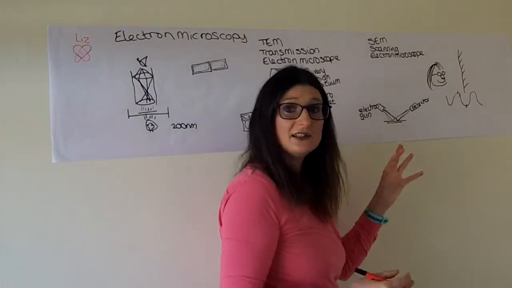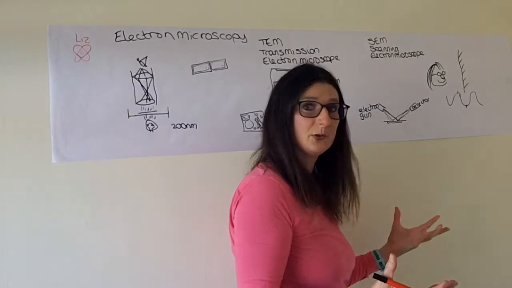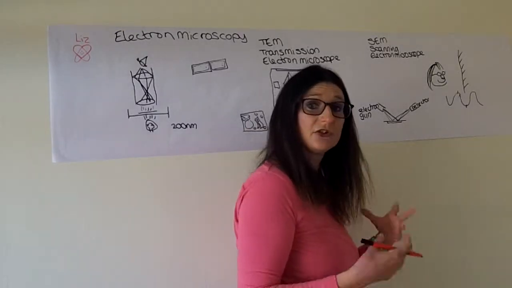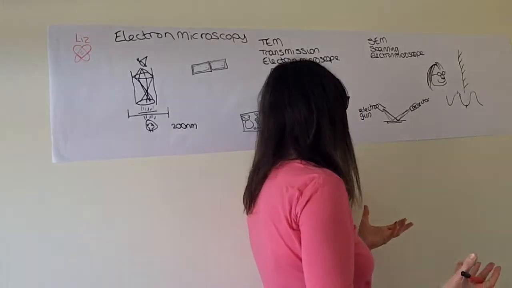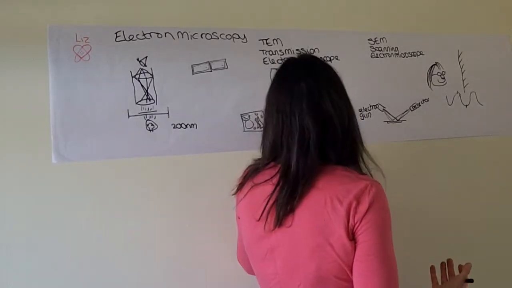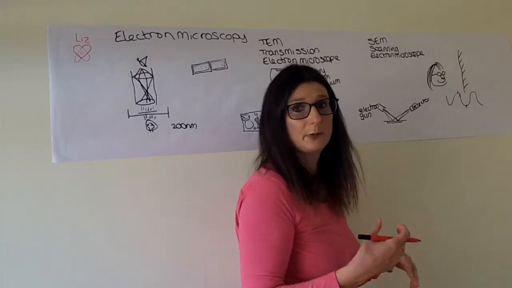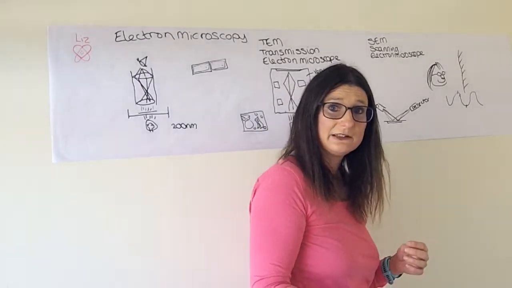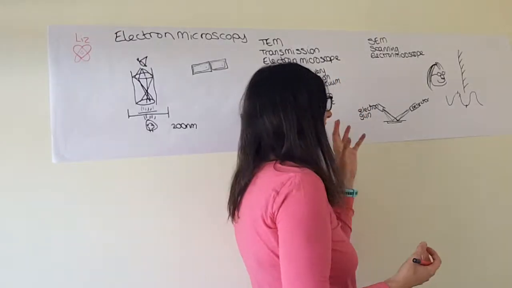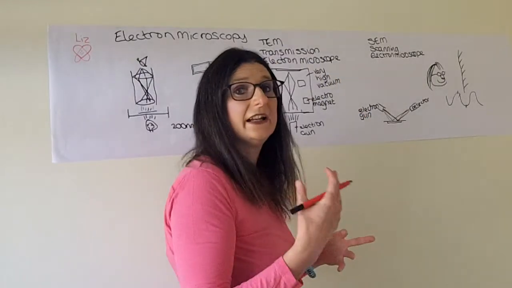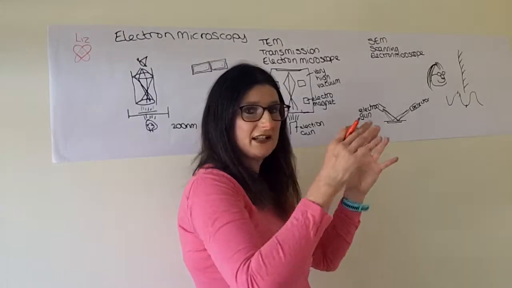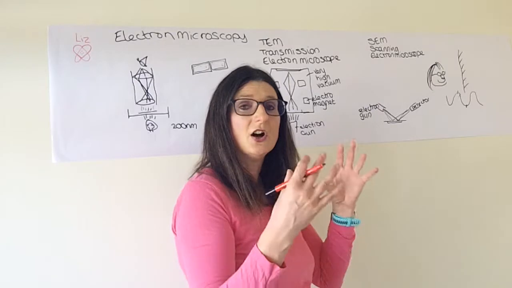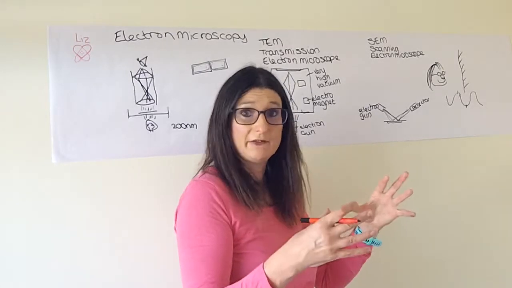again, needs to all be done in a vacuum to avoid the problem with the electrons in the atoms of the atmosphere that you get with the transmission electron microscope. So again, you can't do anything that's alive, and you tend to need to stain this, and how you would do that is by spraying it with a very fine coating of a heavy metal.